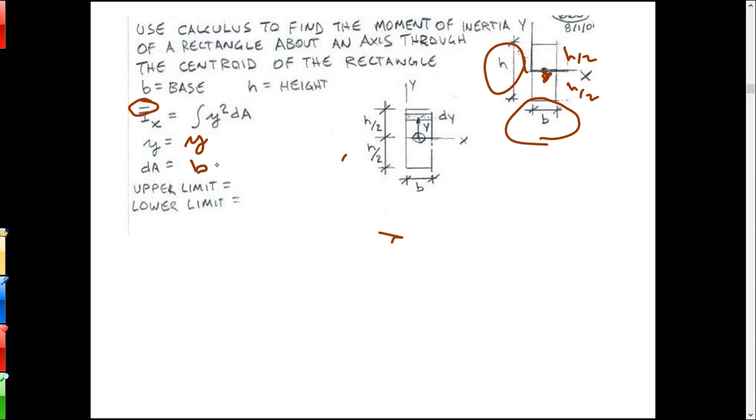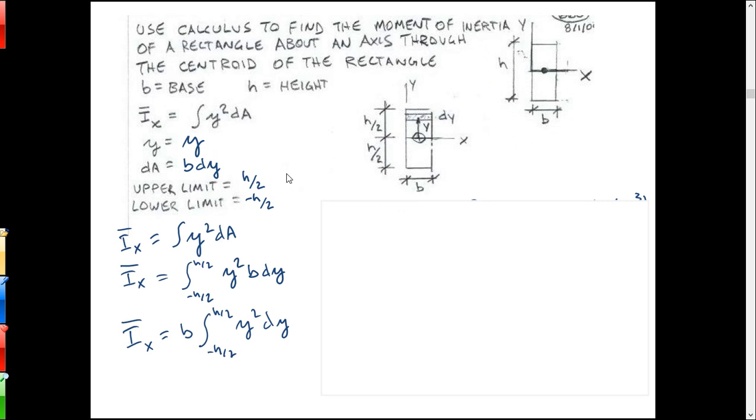It's the base times dy. We're going to start at the lower limit, that would be negative h over 2 from where our axis is, and end at our upper limit, which is a positive h over 2. So there's all the information there to run the integral. So we measure up a distance y, find the area, b times dy, and run that starting at negative h over 2 and end it at positive h over 2.